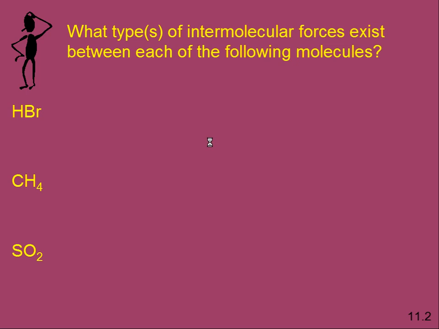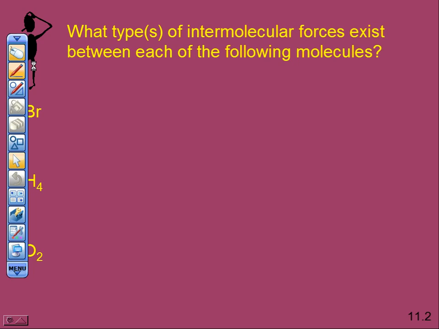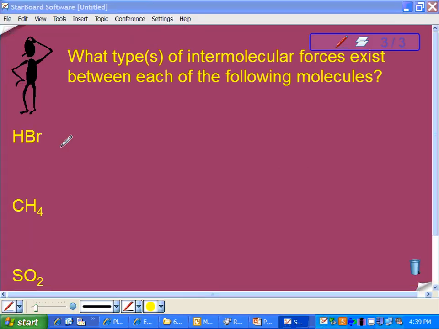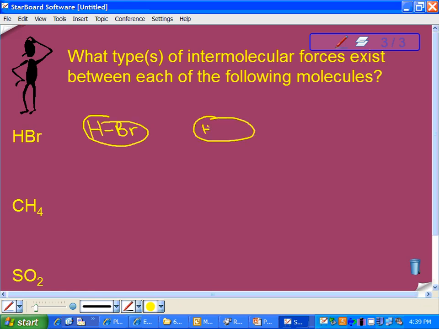What type of intermolecular force would exist between each of the following molecules? It's not talking about this going to this. It's not talking about that covalent bond in there, because it's talking about this molecule here liking another one of its kind over here. It wants to know what kind of attraction we would have going on right there.